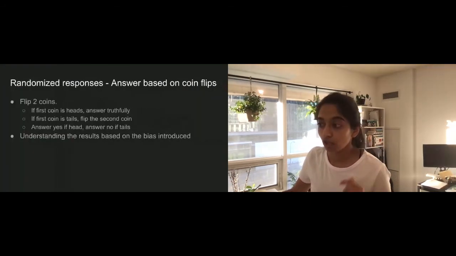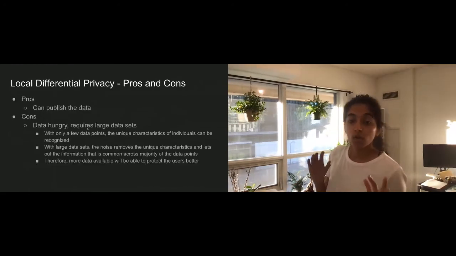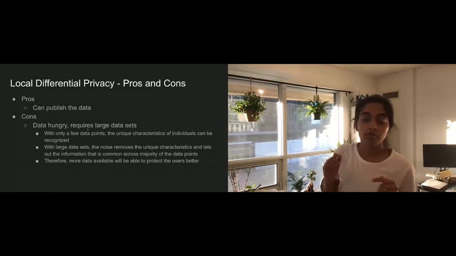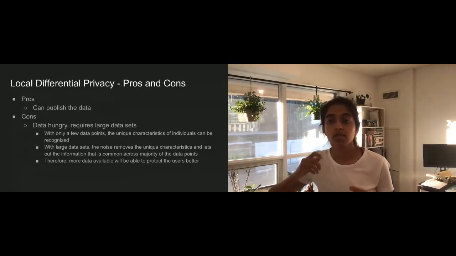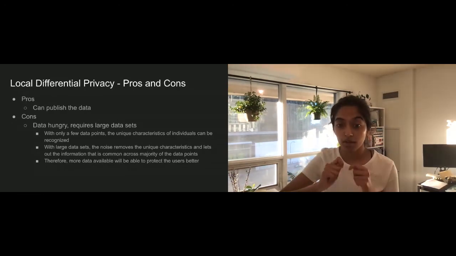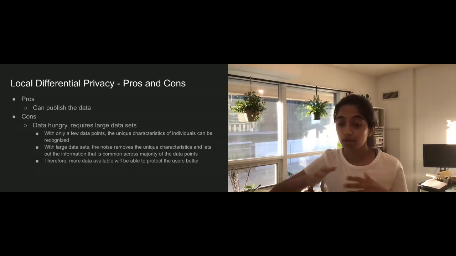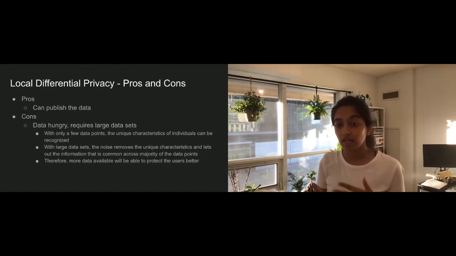Now that you've looked at it, let's look at the pros and cons. The biggest pro of using local differential privacy is that you can publish the data. Because the noise is introduced at the local level, even if the data is leaked, the data subjects are still protected because of the plausible deniability. The con, however, is that it's a very data-hungry algorithm.